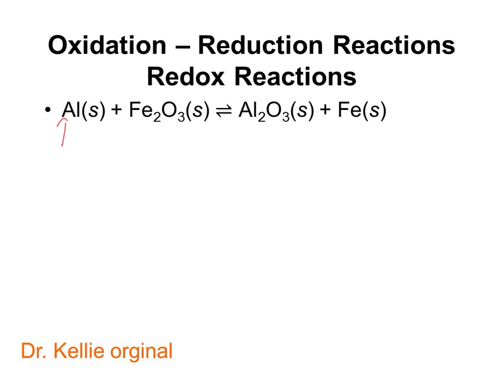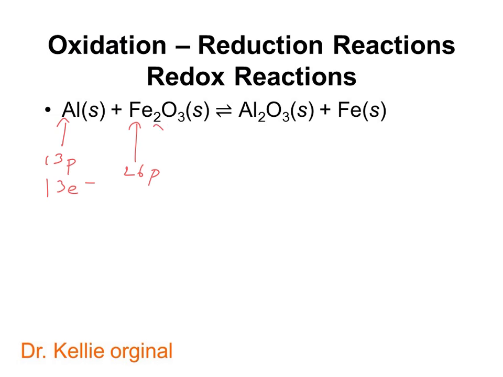Over here, I have aluminum with no charge showing. So I have regular old aluminum with a total of 13 protons and 13 electrons. Then I have iron, and my iron atoms over here have a total of 26 protons because they're iron.